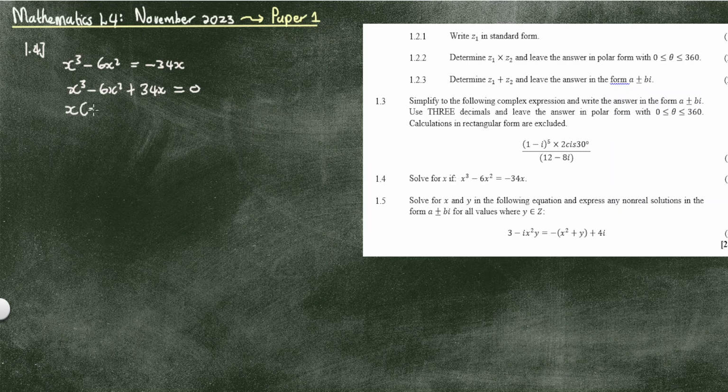We're gonna take it out. I'm now left with x times (x squared minus 6x plus 34) equal to 0. So the first solution is 0, or x squared minus 6x plus 34 equal to 0.